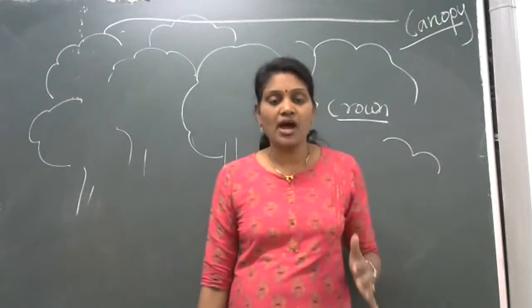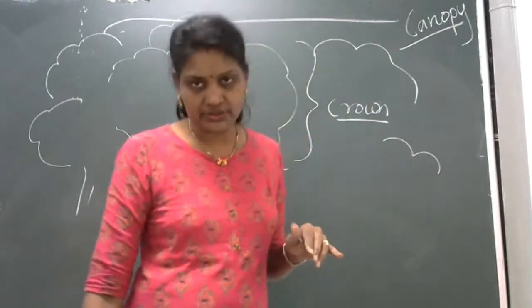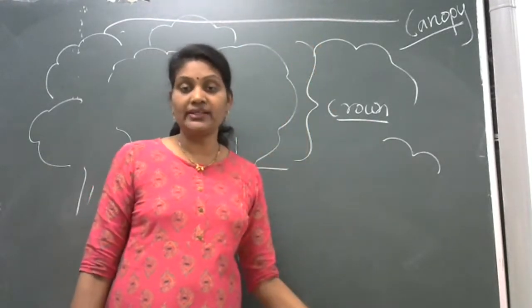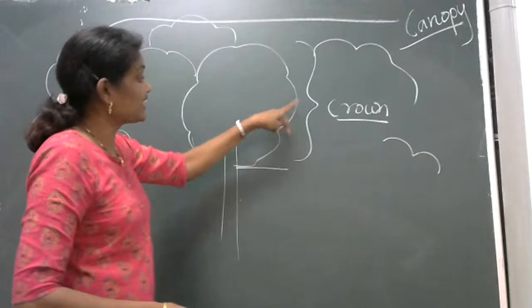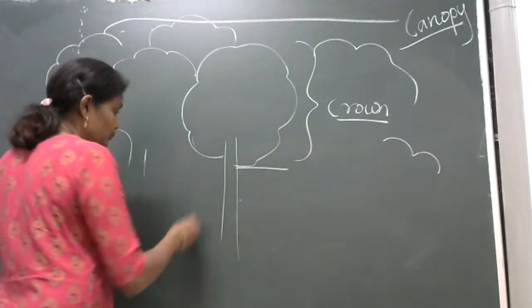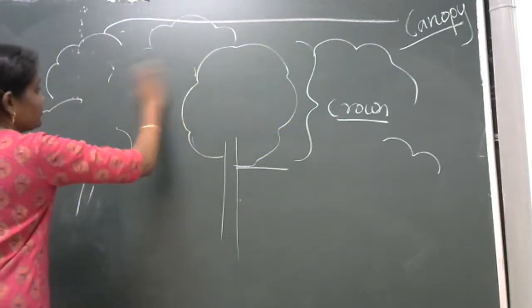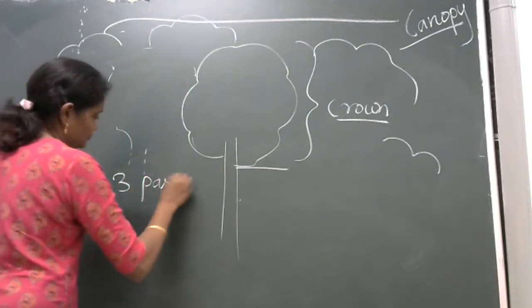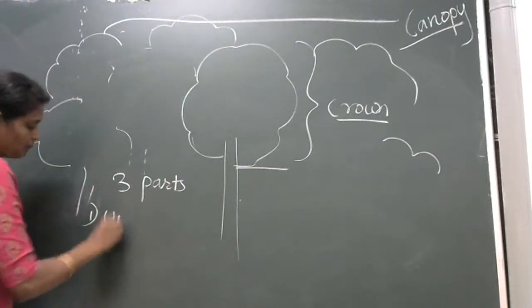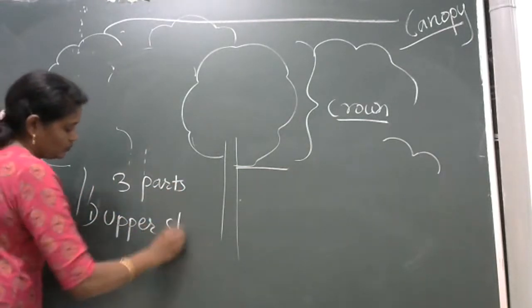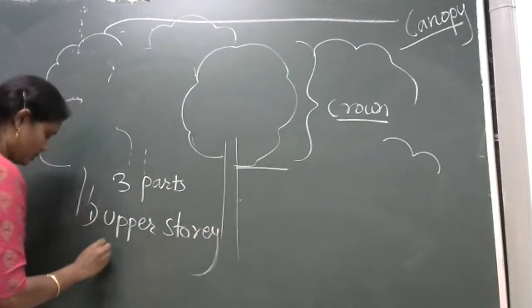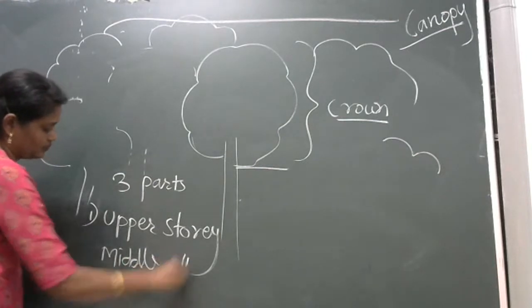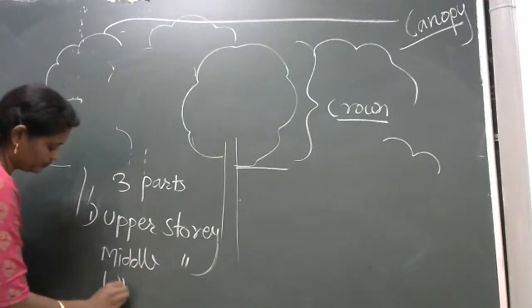So again this crown is also divided into parts, that is the upper story, the middle story, and the understory.